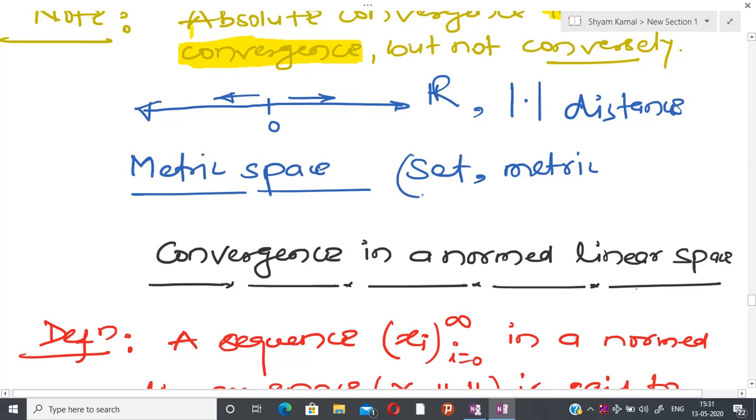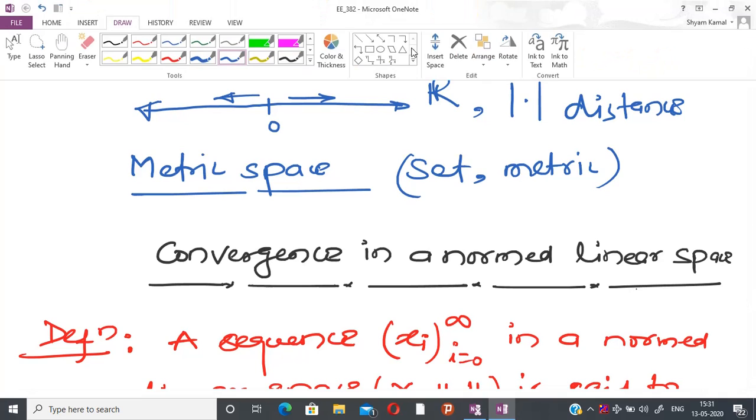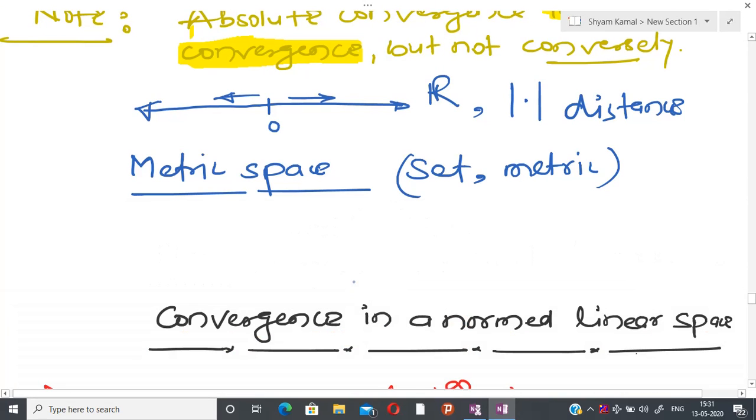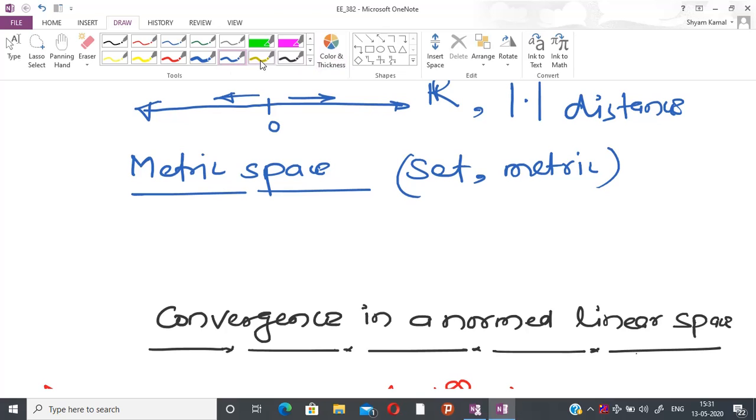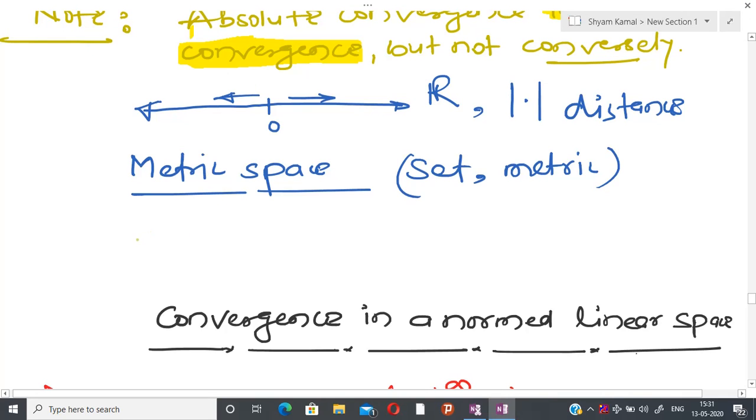Similar kind of convergence I can talk about, but I have already told you that most of the time, when we are dealing with engineering problems, we basically have the space that is called a linear space together with a notion of distance.